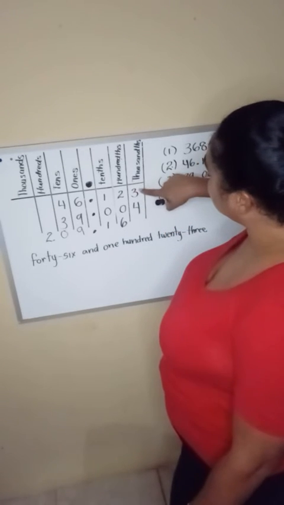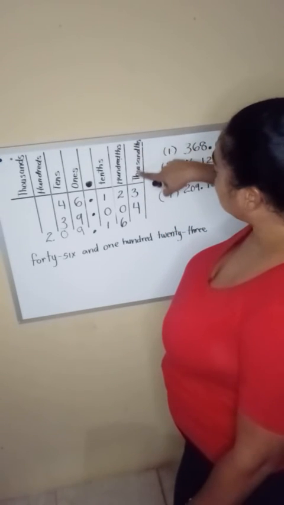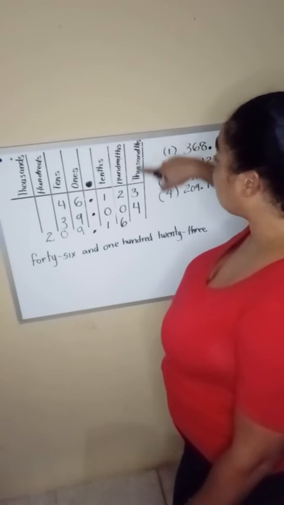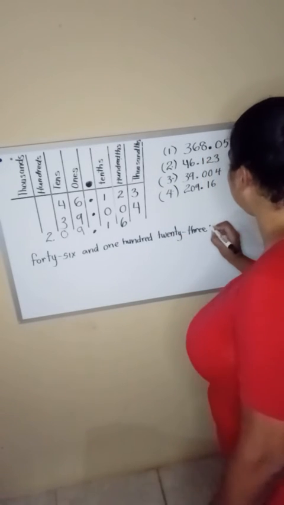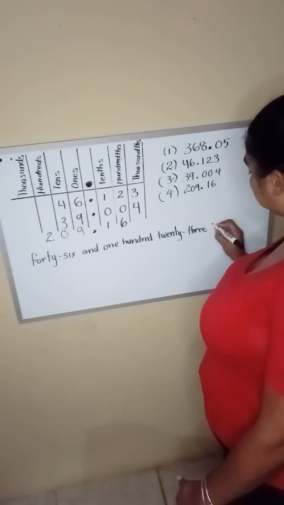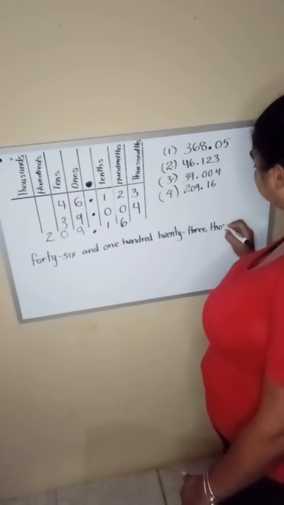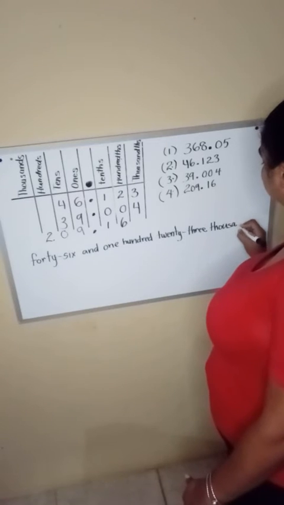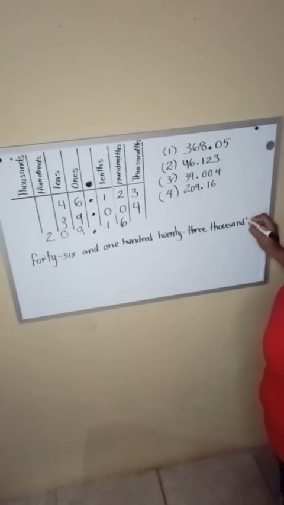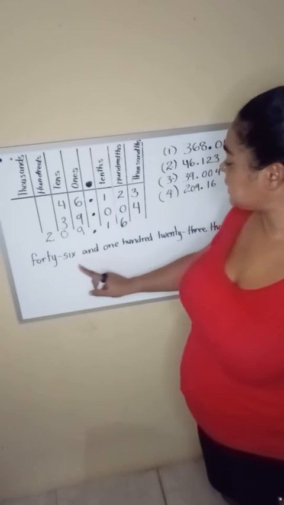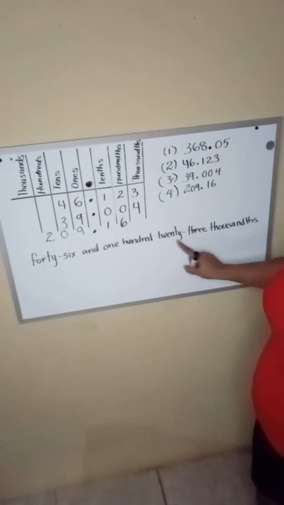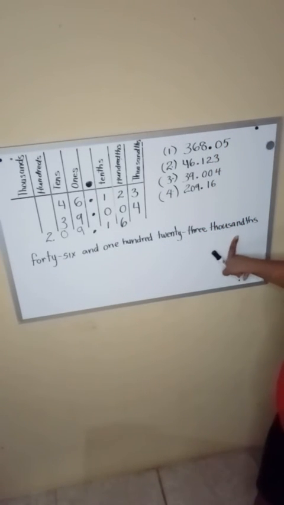And where the 3 ends, what place value is that? Thousandths, right? So we're going to write thousandths. Okay? 46 and 123 thousandths.